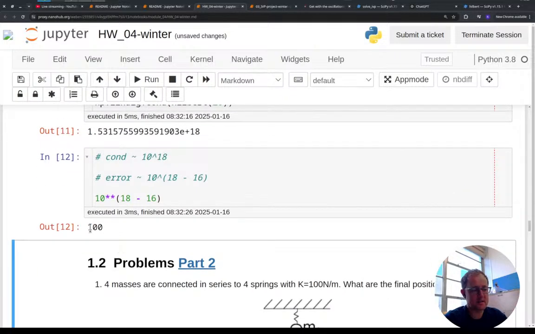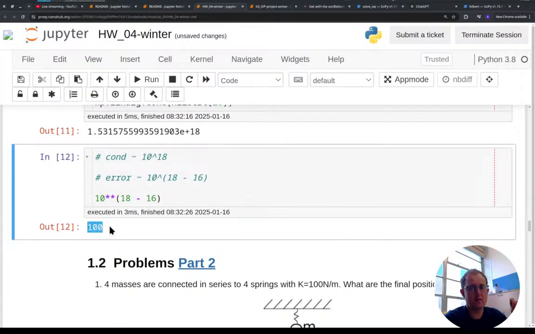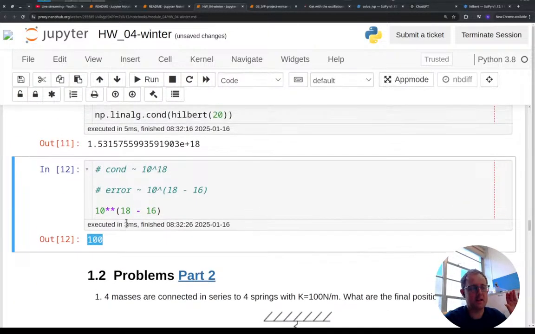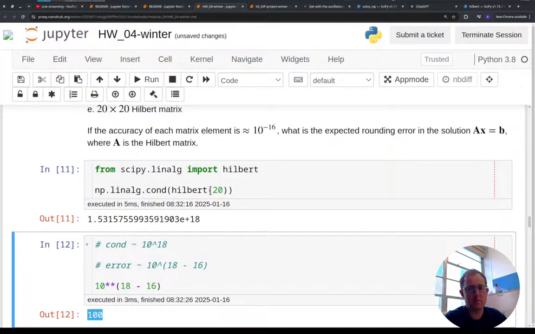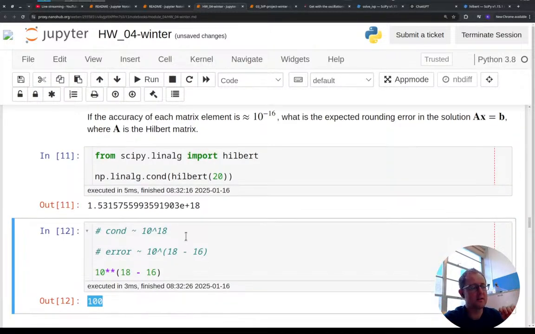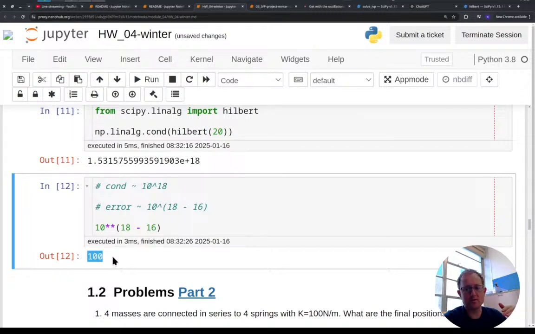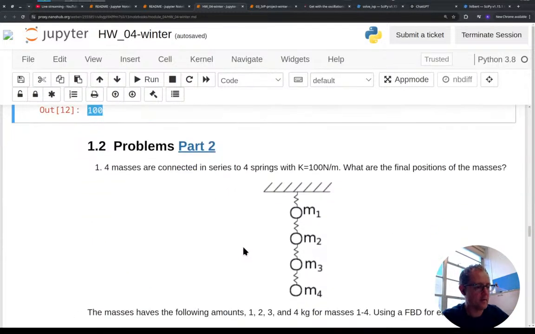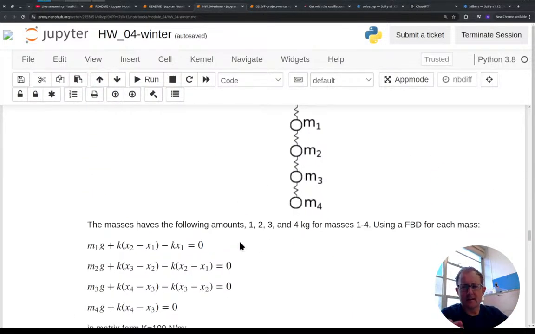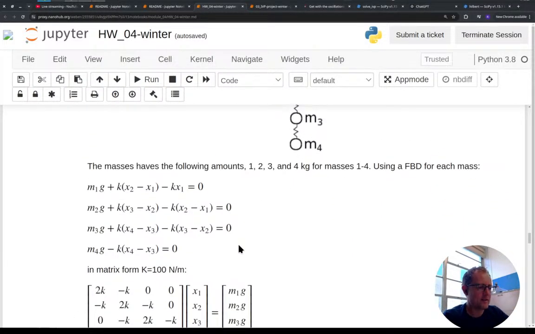We can expect an error on all of the values of x when we say this Hilbert times x equals some right hand side vector of plus or minus 100, which is a lot for these kinds of problems. Anyway, again, extra details.